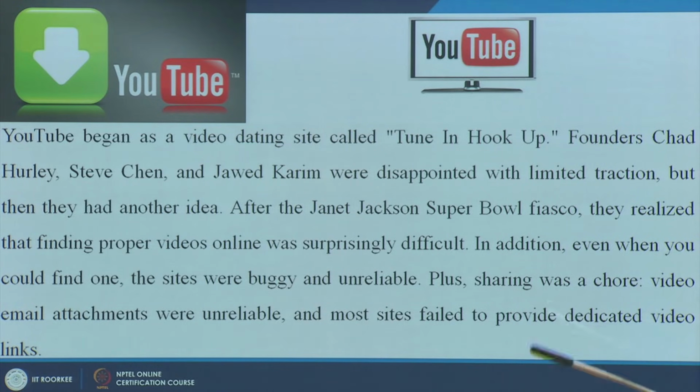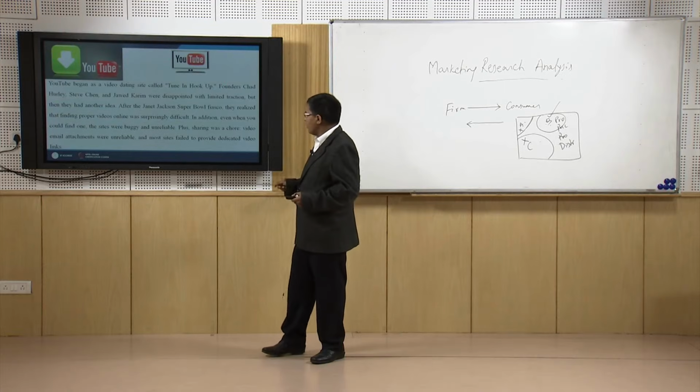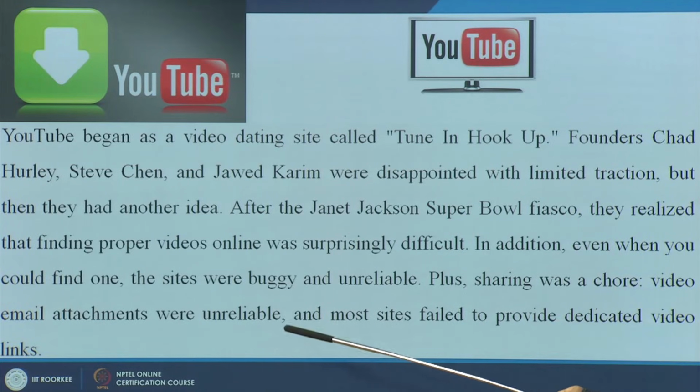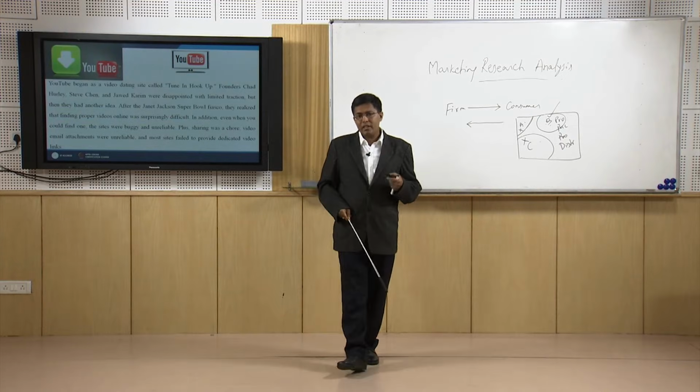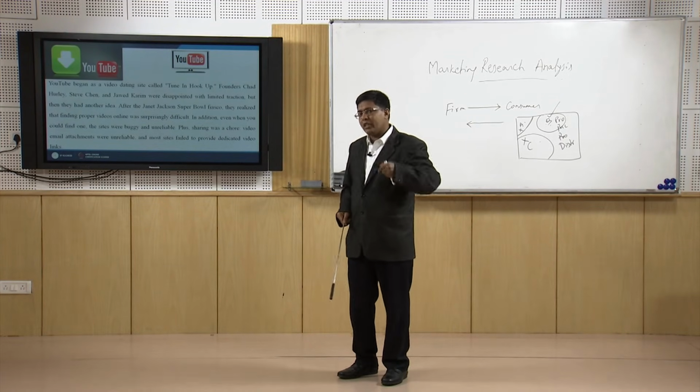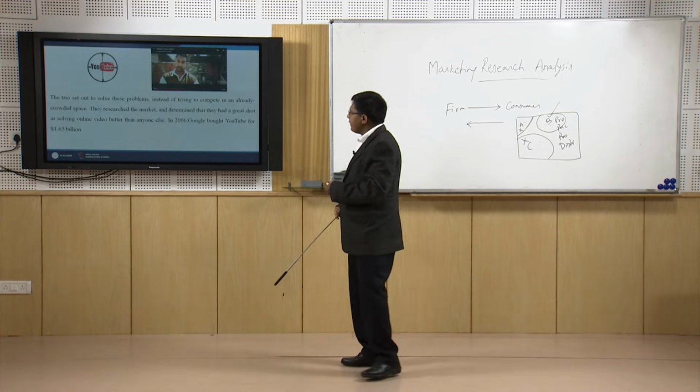It could show the videos of very popular shows and all. They saw that sharing at that time was not very reliable, it was unreliable, and most sites failed to provide dedicated video. So, what happened? They saw it as an opportunity. This research helped them find an opportunity in the market, right.